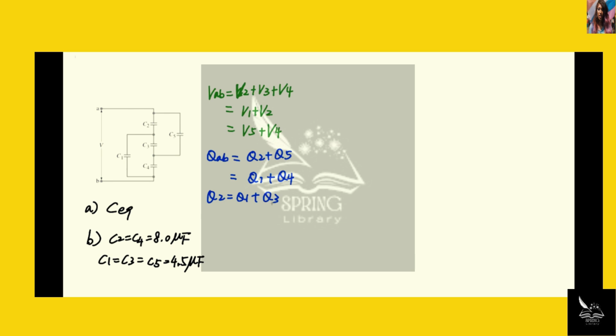So firstly, because we do not know what Q is, let's try to write Q in terms of C and V. So this becomes C equivalent times VAB equals C2 V2 plus C5 V5. C equivalent times VAB equals C1 V1 plus C4 V4.